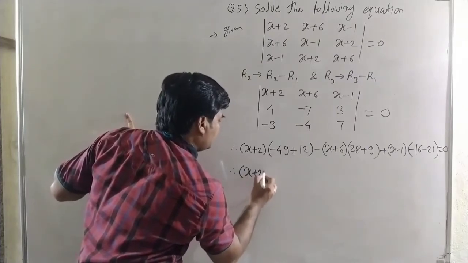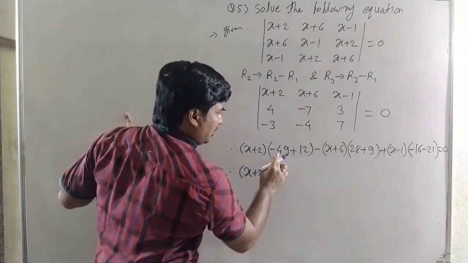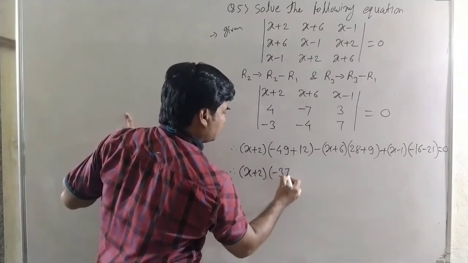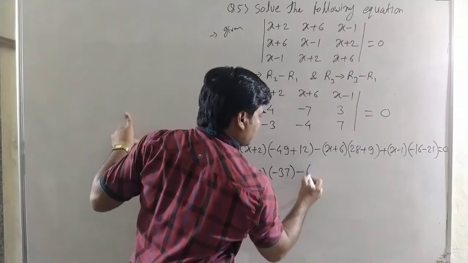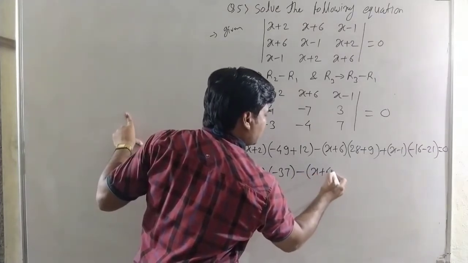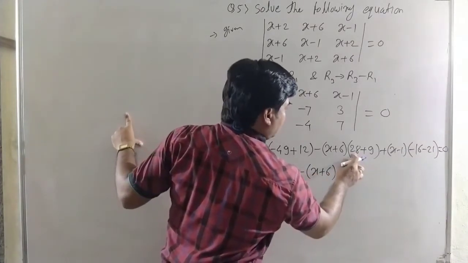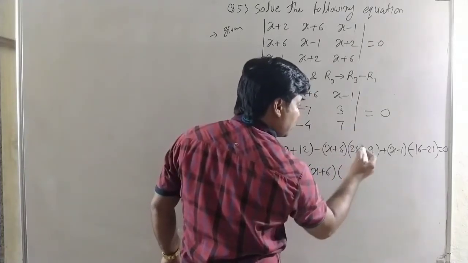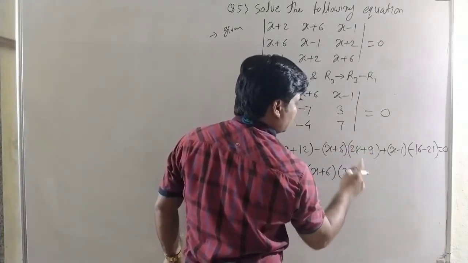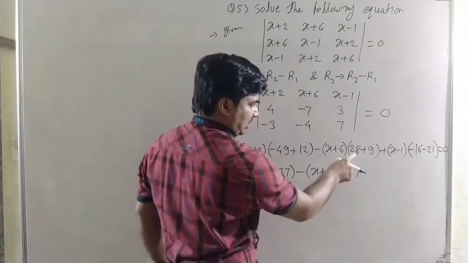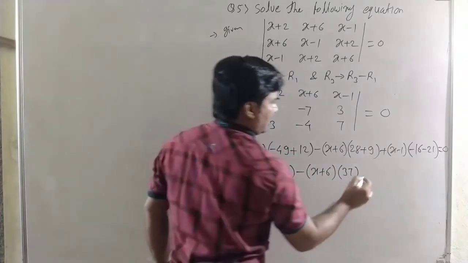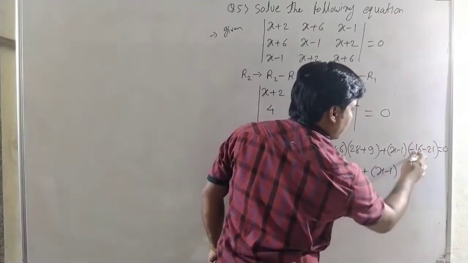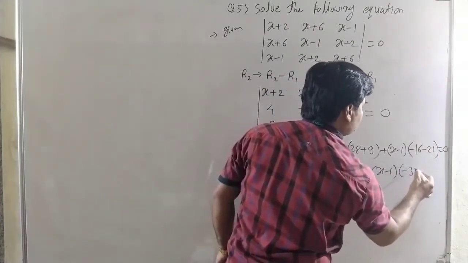Now the calculation: x plus 2 into minus 49 plus 12, it is minus 37. Then minus x plus 6 into 28 plus 9, again it is 37. And here plus x minus 1 into minus 37.